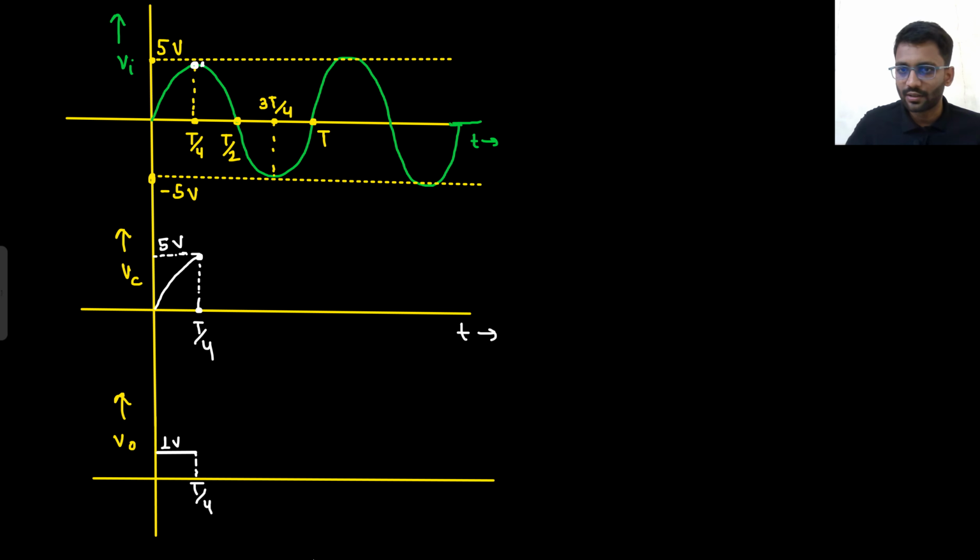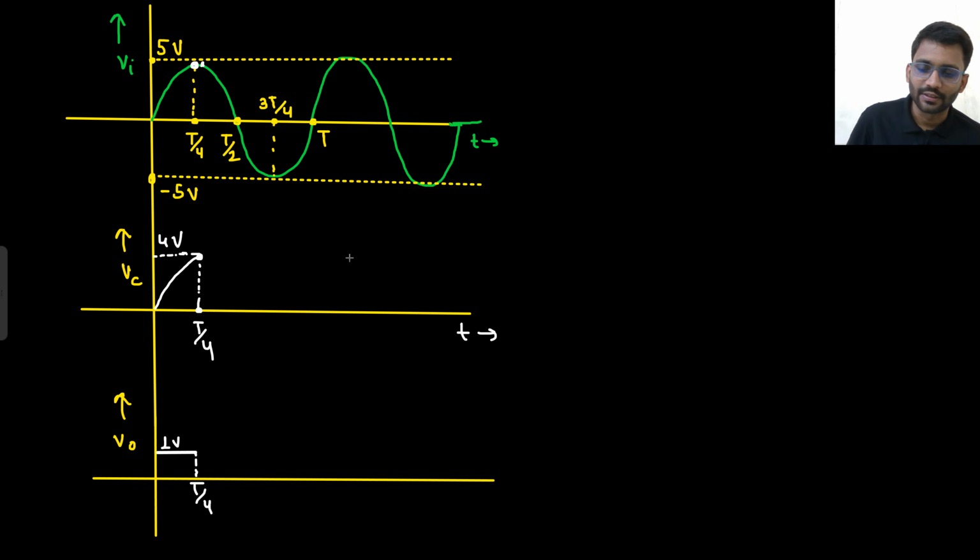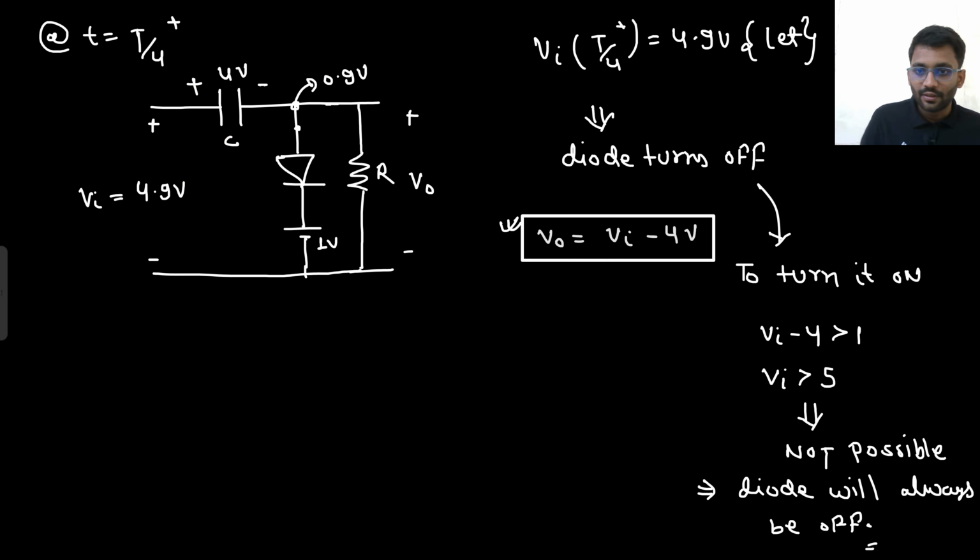Okay, it was reaching till 4 volt only, not 5 volt. It was reaching till 4 volt only, and it remains at 4 volt till steady state. What about your V naught? V naught will be Vin minus 4 volt in the next cycle itself.